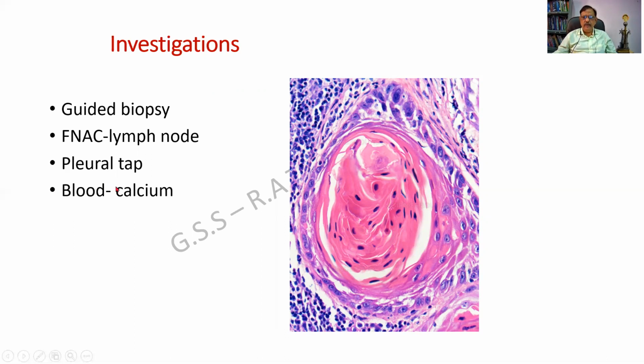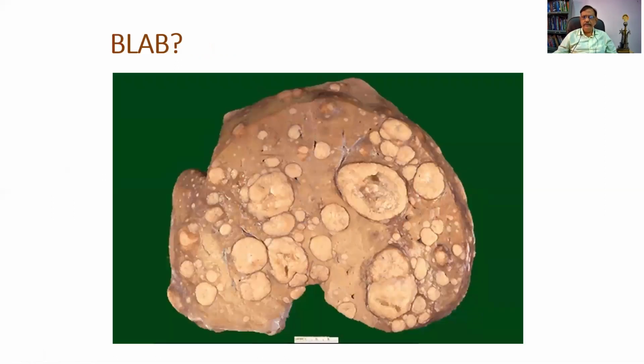And in the blood, we can look for certain elements such as calcium, because in paraneoplastic syndrome, these can be increased. Whenever there is an increase in the parathormone, serum calcium can be increased. BLAB, this is what I said: bone, liver, adrenal, brain. And this is a picture of a liver with multiple metastases.